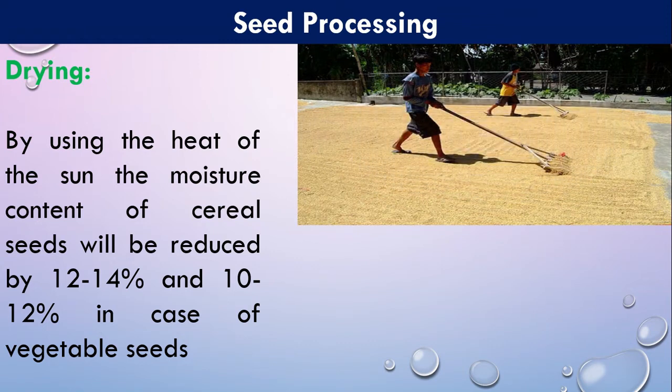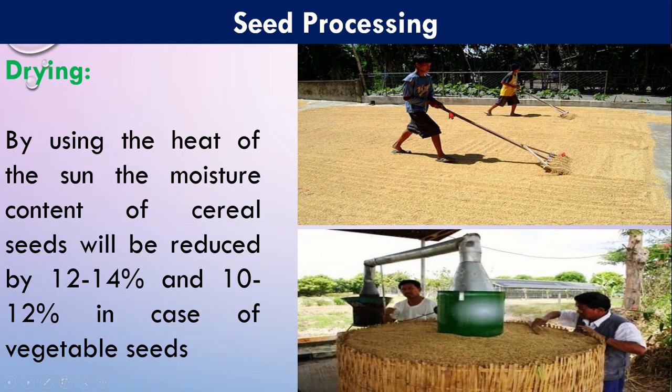Next one is drying. So how can you dry the seed? You can sun dry the seed, or in the top picture you can see the local method of seed drying, and this is the modern method invented by IRRI, the International Rice Research Institute, for drying the seed.